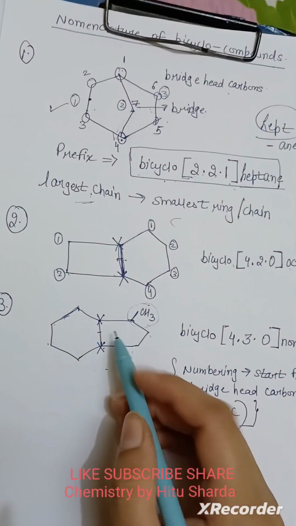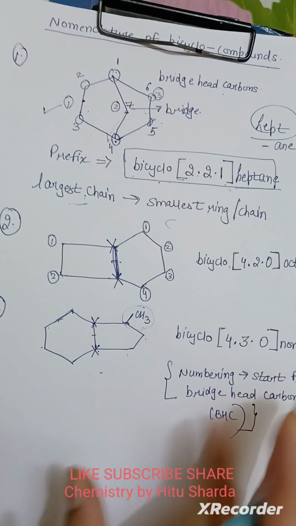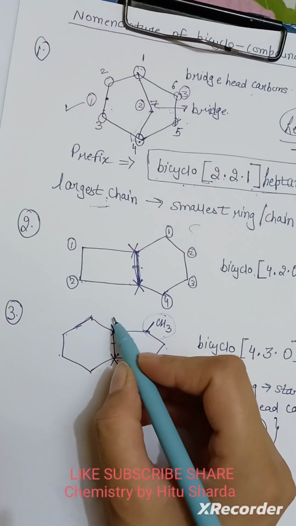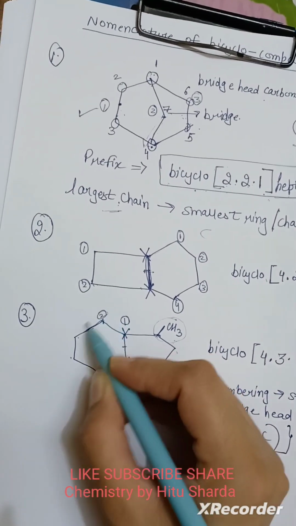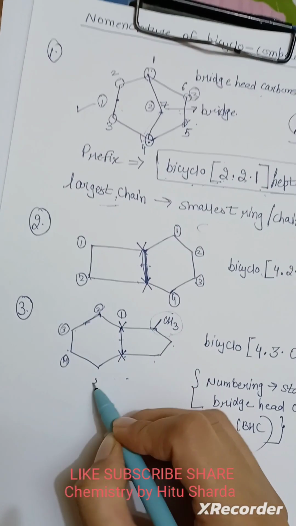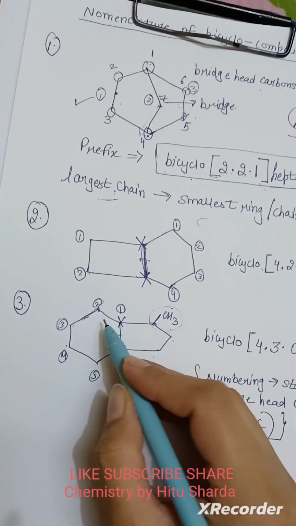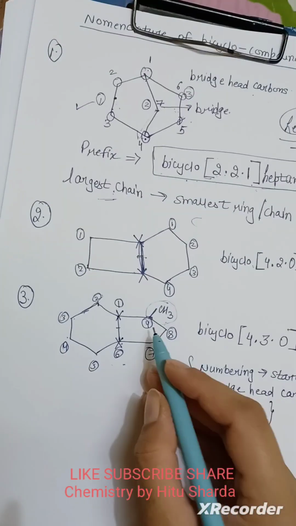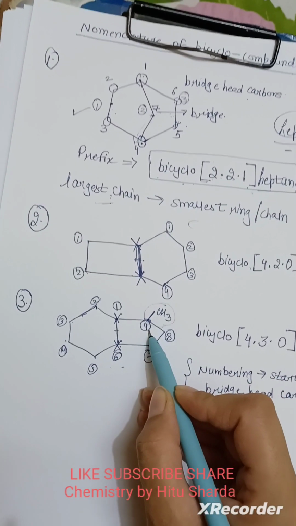Okay, so now you can imagine the two cases. There are two cases. You can number from here 1, 2, 3, 4, 5, 6, because this was the largest chain. 7, 8 and 9. In this case the methyl group gets the 9 number.